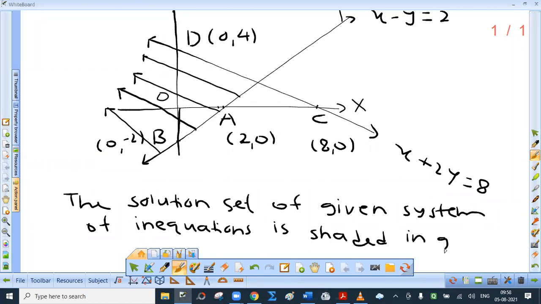Of course, this will not be asked in exam. We need this while solving linear programming problem. So that's it for today.